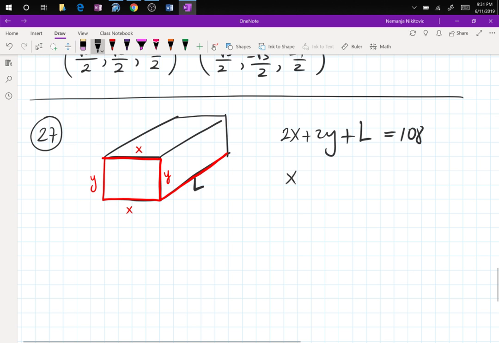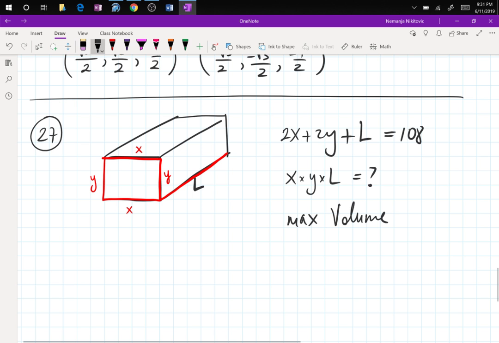So what is x by y by L? That's the dimensions of the box with the max volume. Obviously you want the maximum volume. Maximum volume means the most space in the box, so you can put a lot of stuff. So you're looking for maximum volume, but you have the constraint of that equation up there.